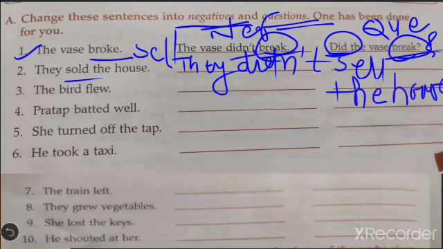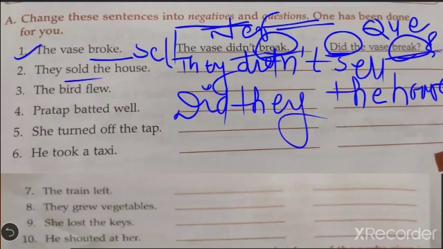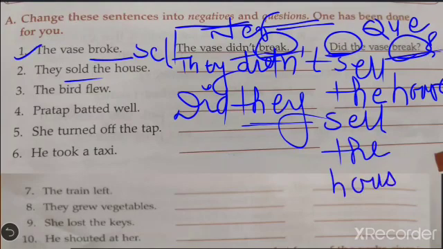And in a question sentence, did they, after did you have to write the subject. Did they sell the house? Sell the house and question mark. So students, you also open your page number 61 and start writing with your pencil.